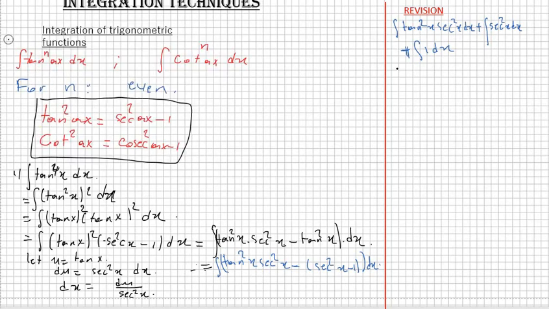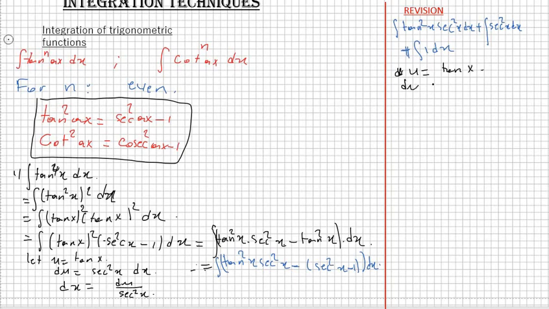So I know that, now I need to find the integration of tan square x and sec square x. So I have the product of tan and sec square. So that's where I'm gonna say, we say u is equal to tan x.